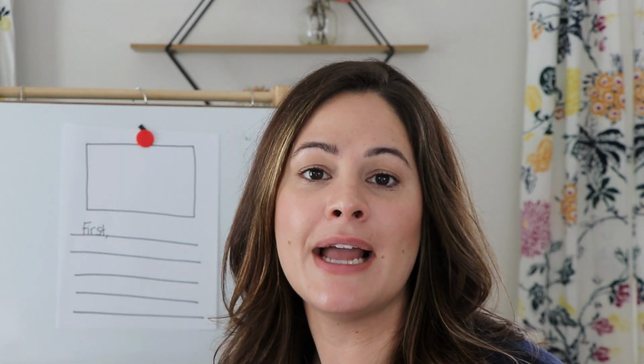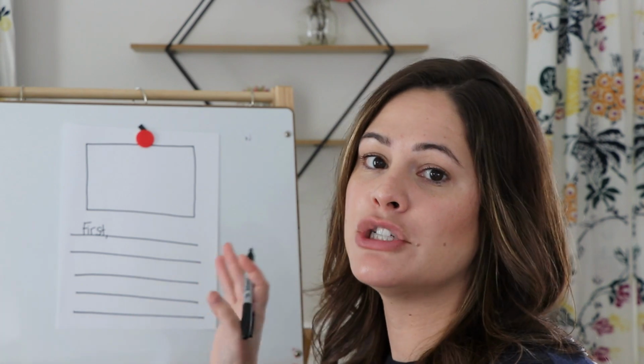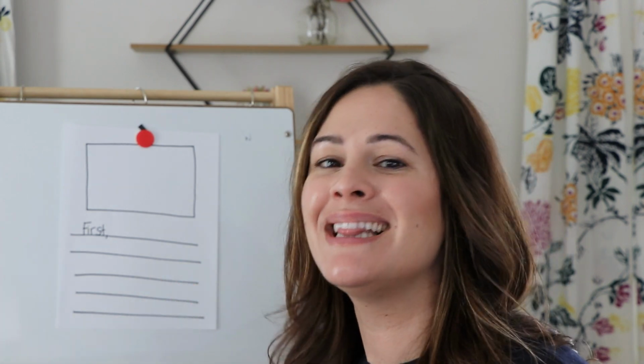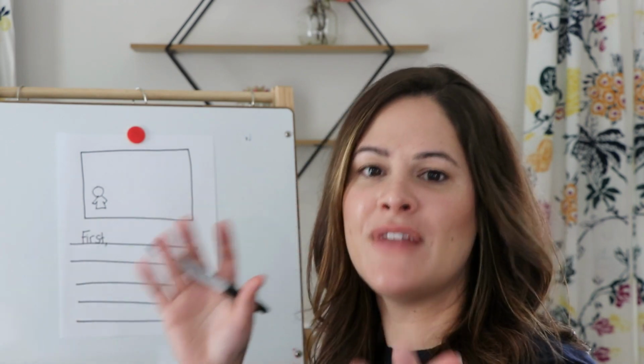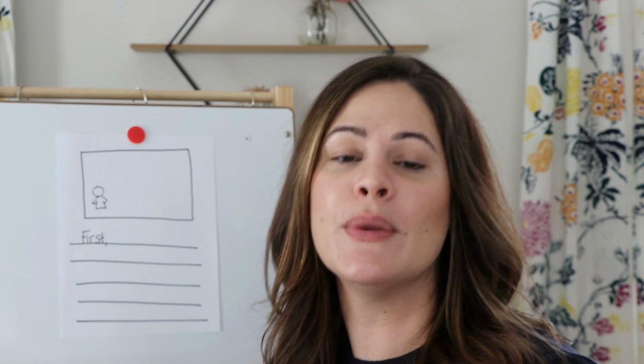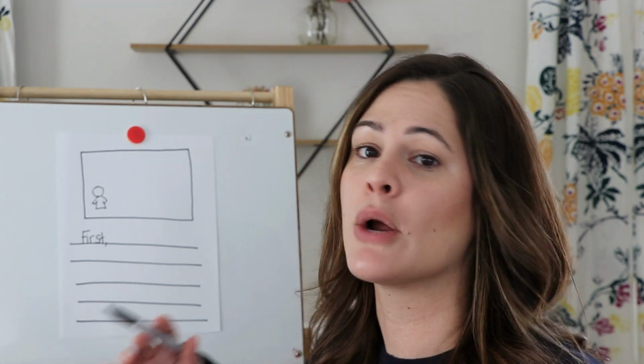Now, when I look at my illustration from yesterday, I'm going to copy over a sketch like that onto my illustration page here. But I'm going to try a little bit harder with my illustrations. So I know in that first box I had my family, and I was saying first we got dressed to go for our walk, and we had to put on our coats, our gloves, and our mittens.